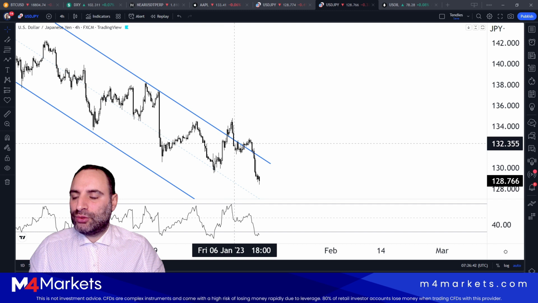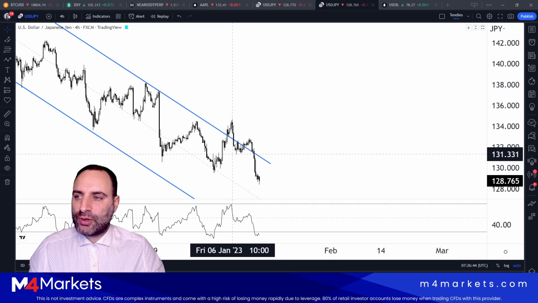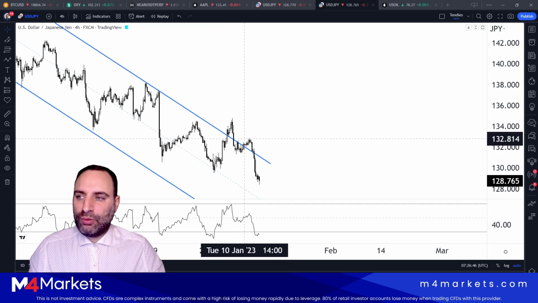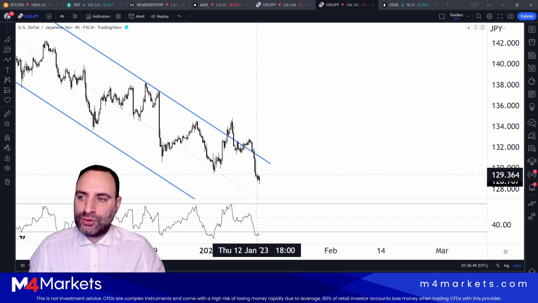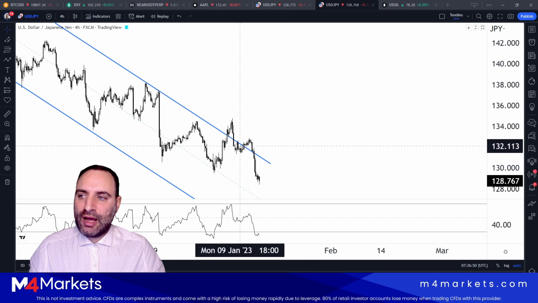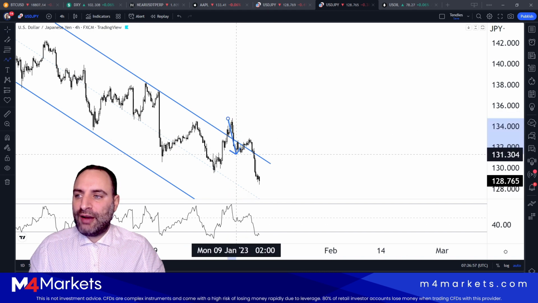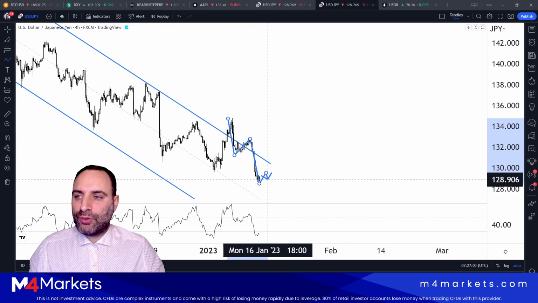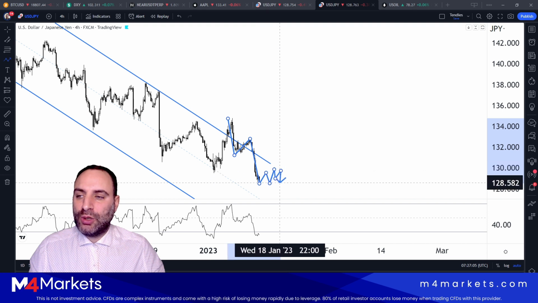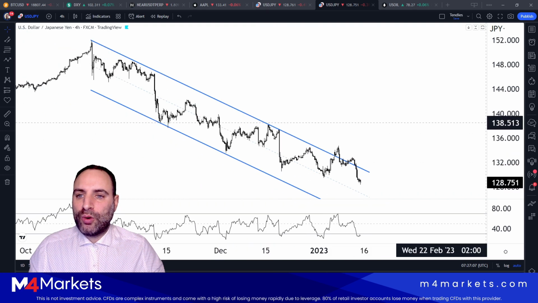I haven't done dollar yen for a while to see this corrective movement as well. Don't forget that when we see markets going in one direction impulsively and in the other in correction with an overlap, that suggests there is more downside coming. In this particular case, we have a move to the downside and an overlap in correction, and probably we're going to see an overlap in correction now as well, and from there likely go further down.